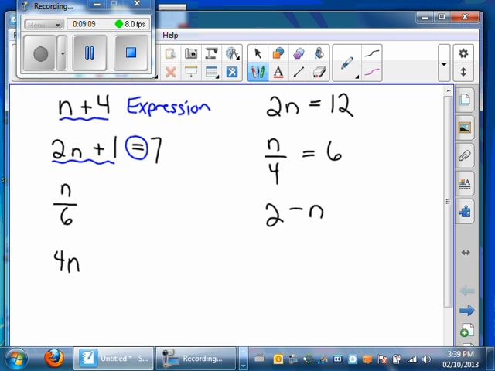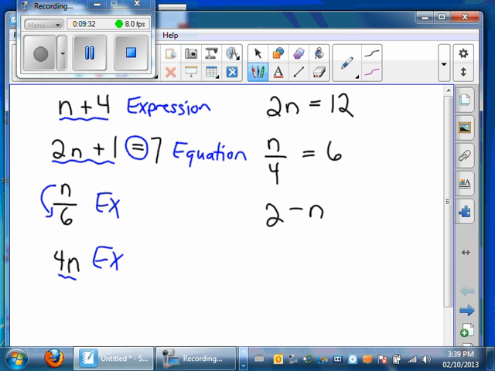It's equal to 7. This is an equation. Okay, again, a number divided by 6, but it's nothing to equal to. This is an expression. 4 times a number, that's an expression because it's not equal to anything.